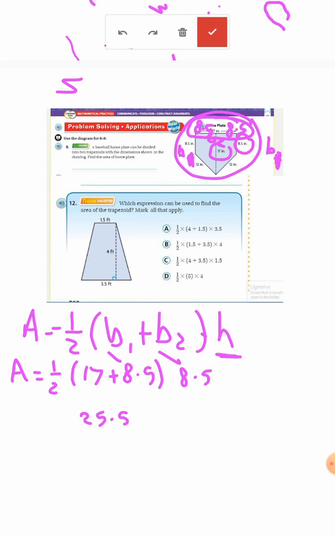We have the two trapezoids similar to each other. So instead of getting the area of each one alone, we are going to multiply by 2. We multiply the area by 2, so we can cancel the 2 with the half. So here it gives me 25.5 multiply 8.5.